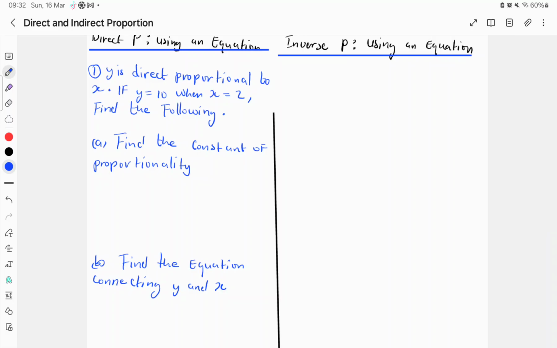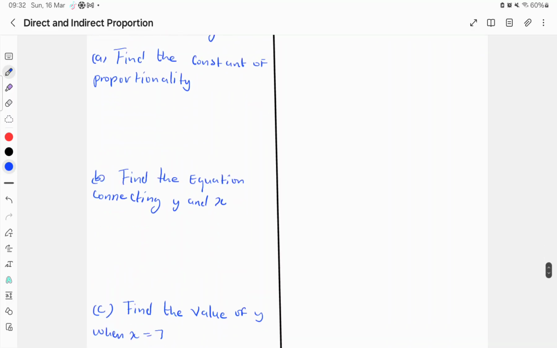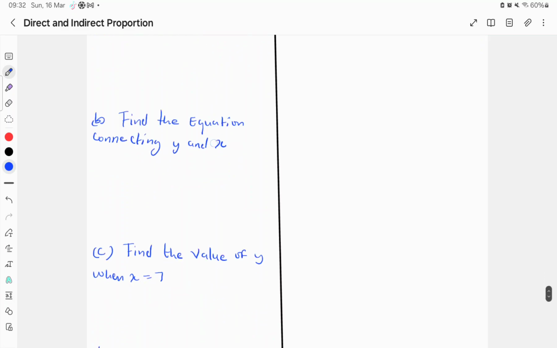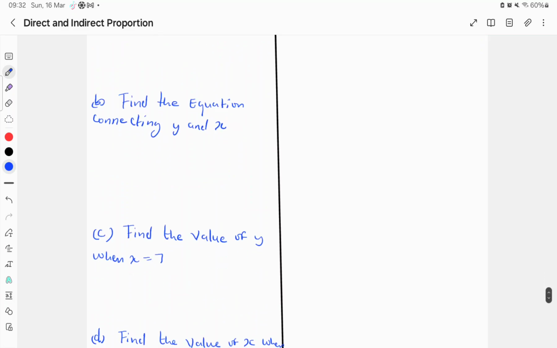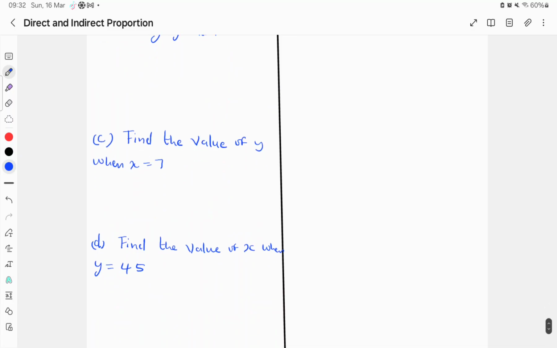If y is equal to 10 when x equals 2, find the following. A, find the constant of proportionality. B, find the equation connecting y and x. C, find the value of y when x is equal to 7. D, find the value of x when y is equal to 45.